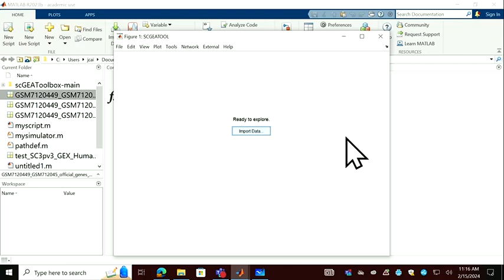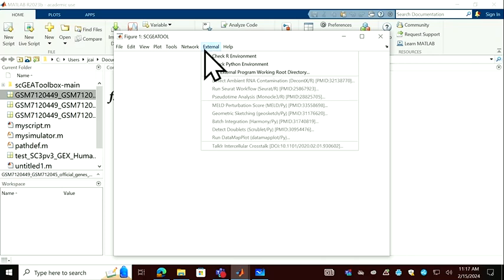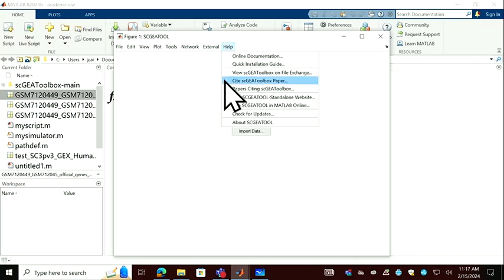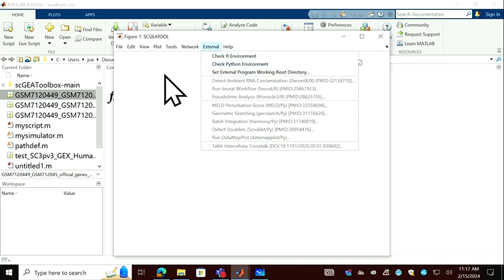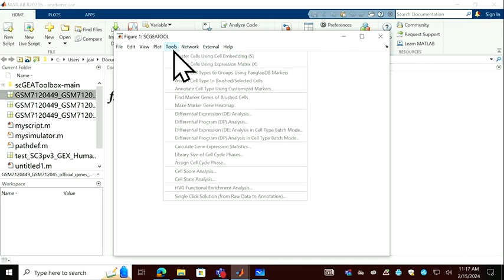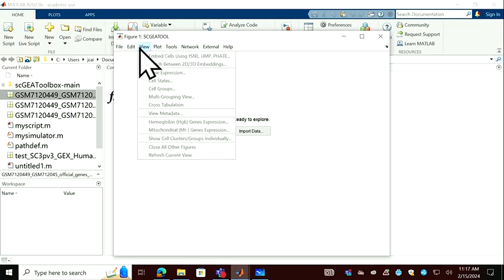I made some small changes in this interface. If you have the latest version, then it starts from this menu-driven interface for you to import data. So I changed the layout of these menus. There was a long experimental submenu here. I just dissolved all the items, putting them into tools, plots, views.